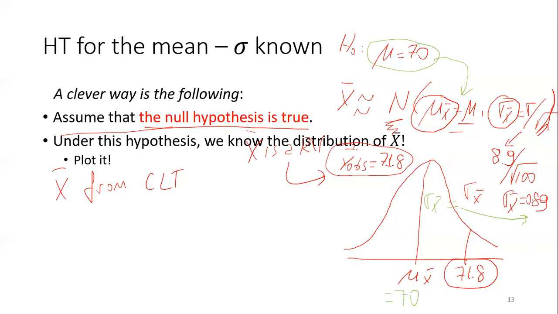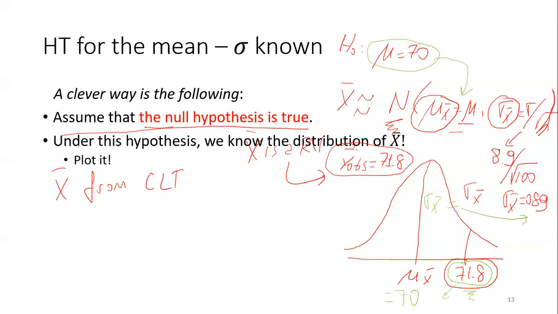Then, since you know the distribution of X bar, you can put your observed value onto the plot and see whether this is an extreme value in this probability distribution or not. If it is an extreme value, which means the probability of observing this is low, then you will say: okay, sir, I assume that your conjecture is true.